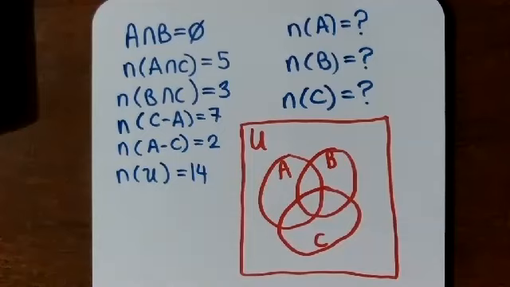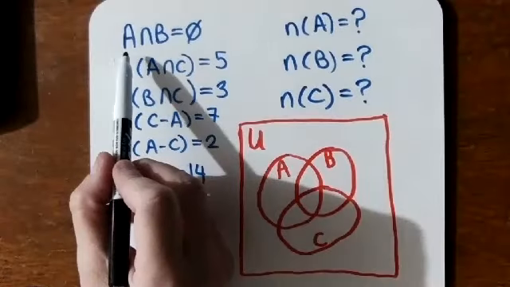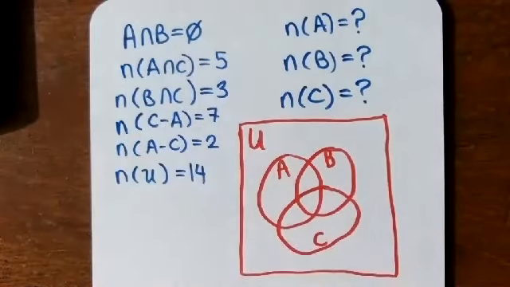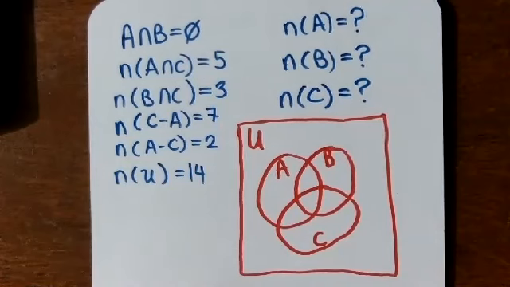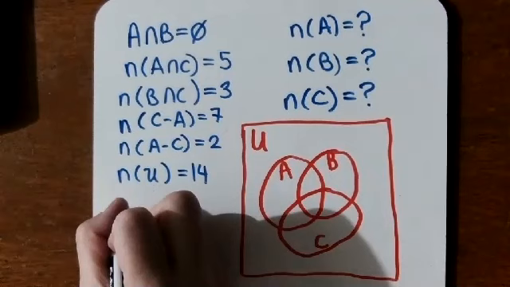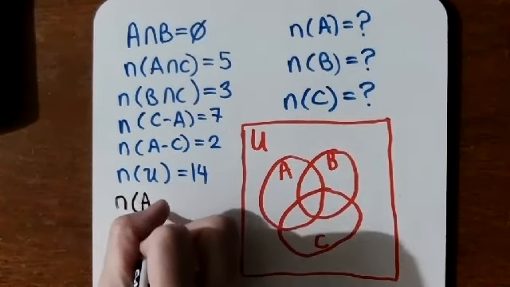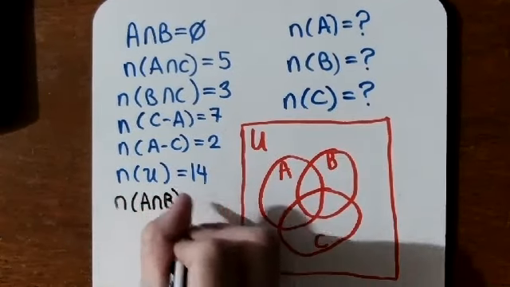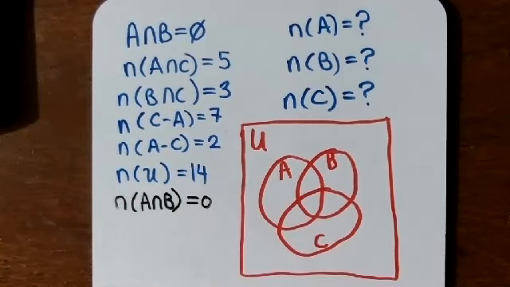Our first clue is A intersect B is disjoint. So if you recall what it means for A intersect B to be disjoint, that means the number of elements in A intersect B is 0.